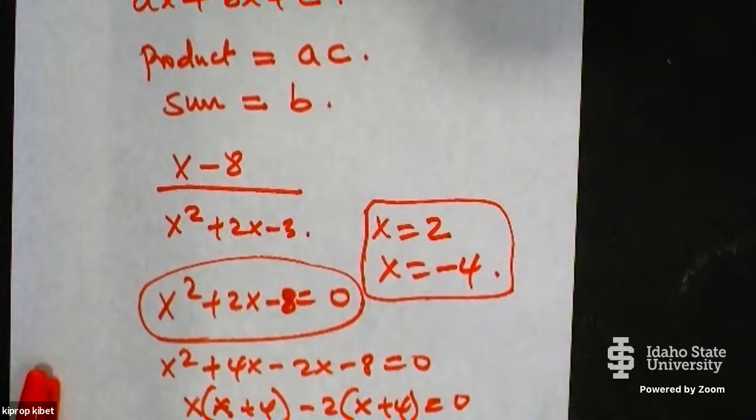So again, you must remember what nickels are and what quarters are. Nickels are 0.05, right? And quarters are 0.25, right?